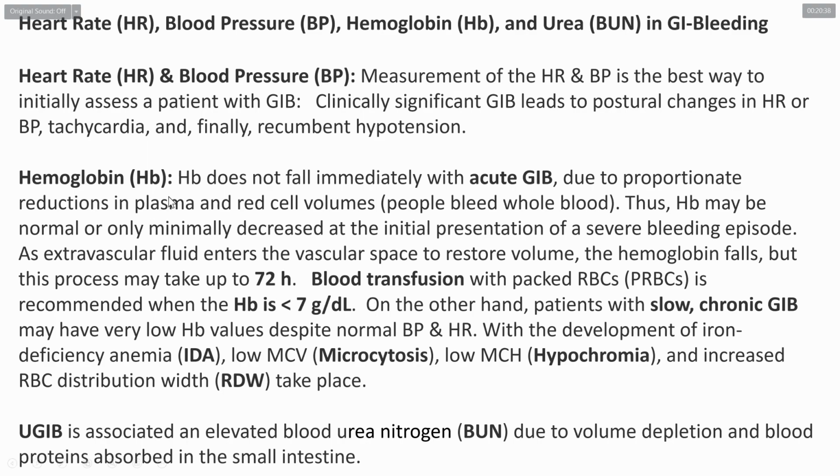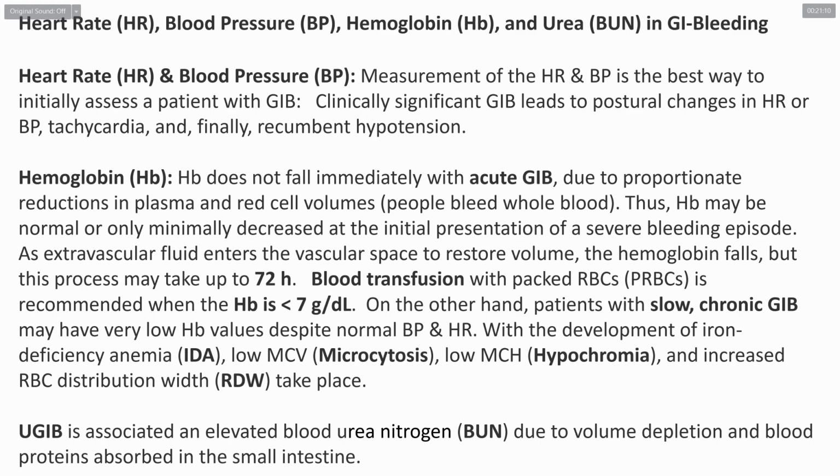If someone has been bleeding for a long time, you may see features of iron deficiency anemia, macrocytosis, hypochromia with raised RDW. One thing, urea is raised in upper GI bleeding, because urea, released from the degradation of the amino acids coming from globin, which is the protein of hemoglobin, will be absorbed from the small bowel distal to the site of bleeding, distal to the ligament of Treitz, and that can only take place in upper GI bleeding.